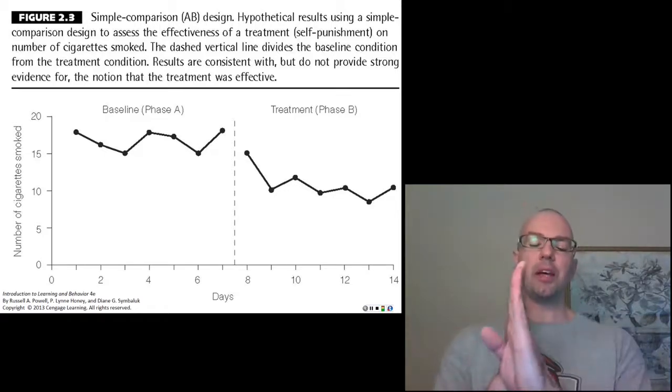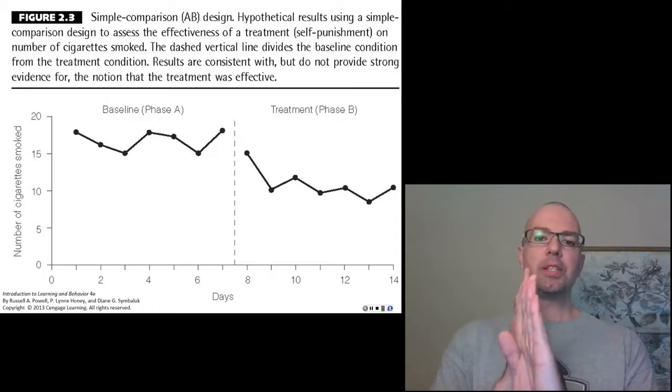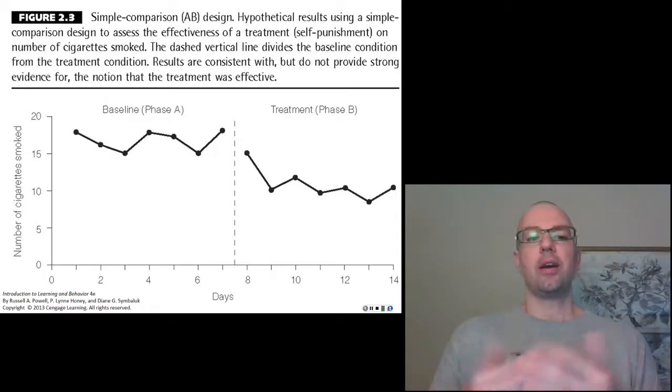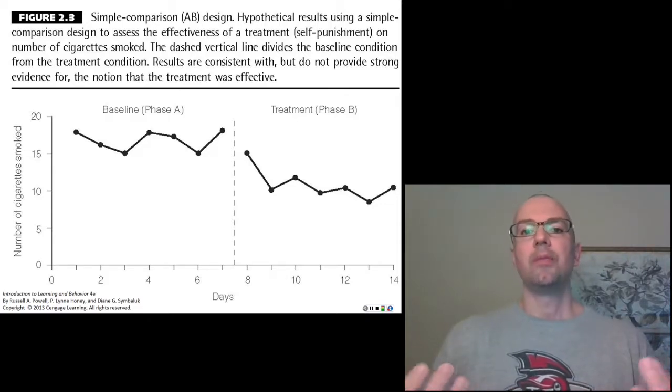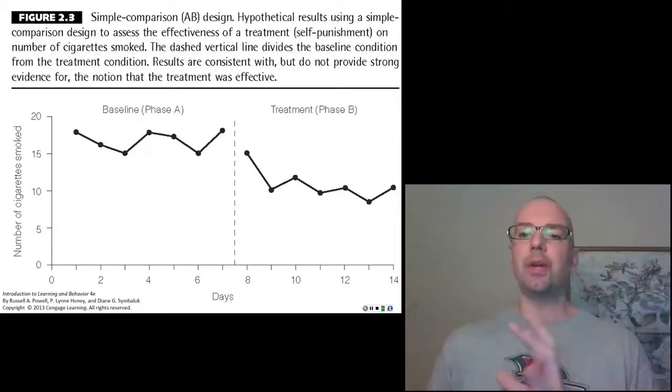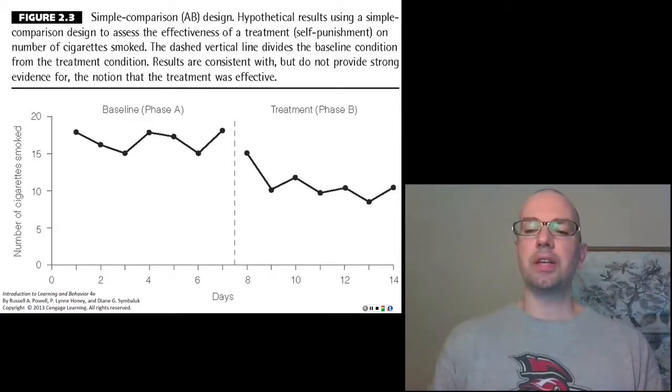Try to think of something else that could have coincided with this individual starting their treatment that might have decreased the amount of cigarettes that they smoke. So take a moment, pause the video if you need to. Try to think of 2 or 3 possible things that could have happened that would decrease the number of cigarettes that this individual smoked.